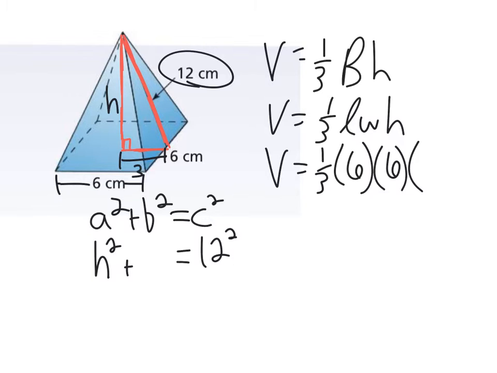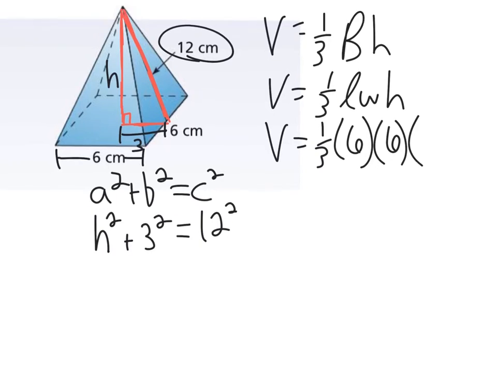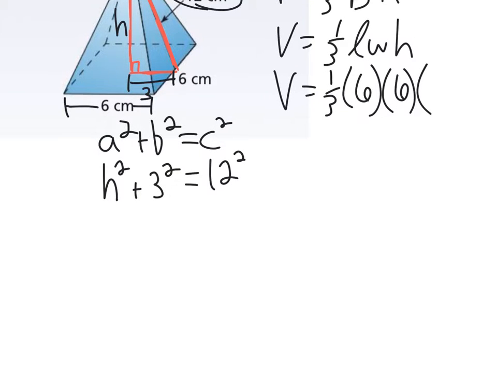So straight down from the top, we're going to be 3 centimeters from that side. So 3 would be one of the legs of our triangle. So once we have that set up, 3 squared, 3 times 3 is 9. 12 squared, 12 times 12 is 144.